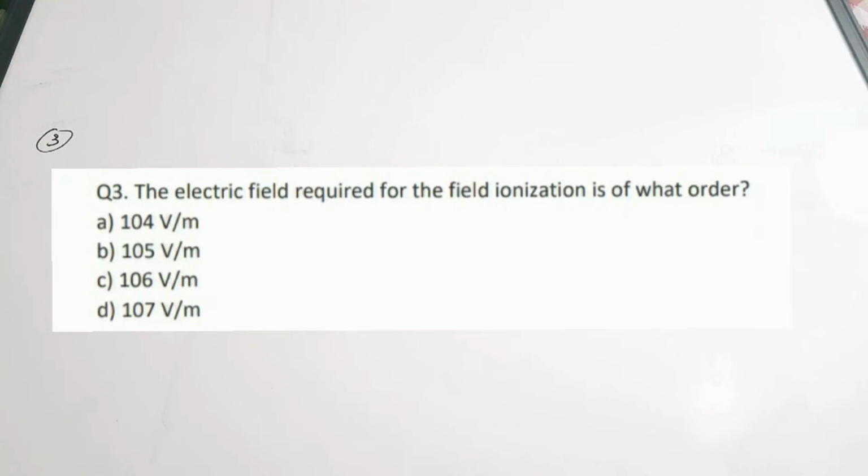The third question is connected to the electric field intensity. The question is, the electric field required for field ionization is of what order? In a Zener diode, a very high electric field is produced for even a very small voltage. So for even a very small applied voltage or input voltage, a high electric field is produced. This electric field is required for the field ionization, and its order is 10 raised to 6 volt per meter.